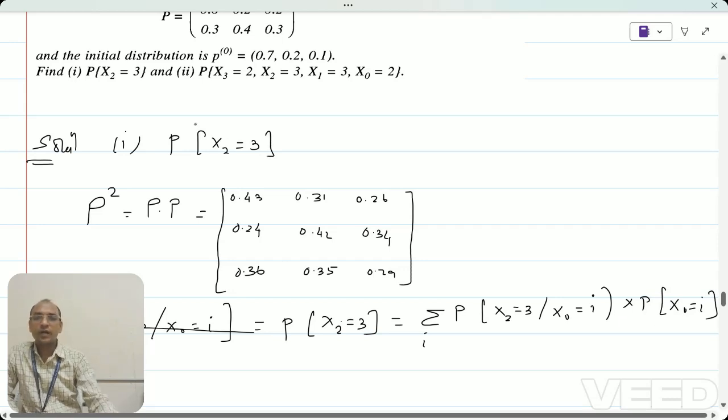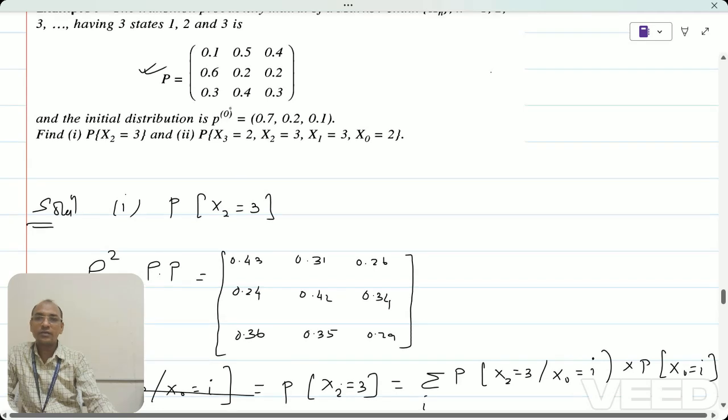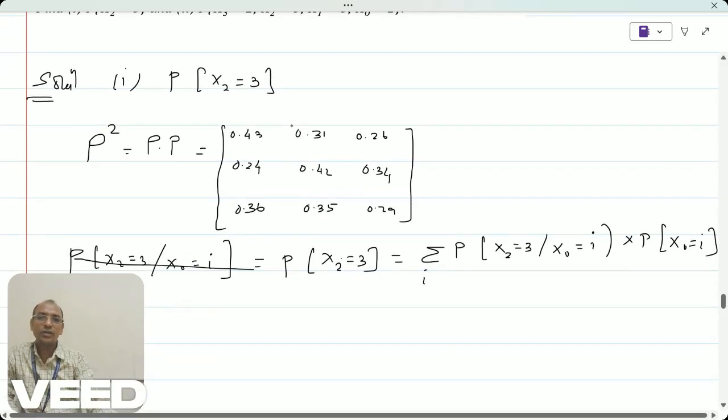Where i is the state, here P0 is given as 0.7, 0.2, 0.1.